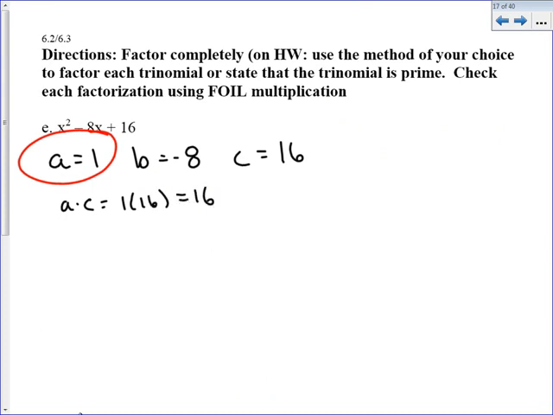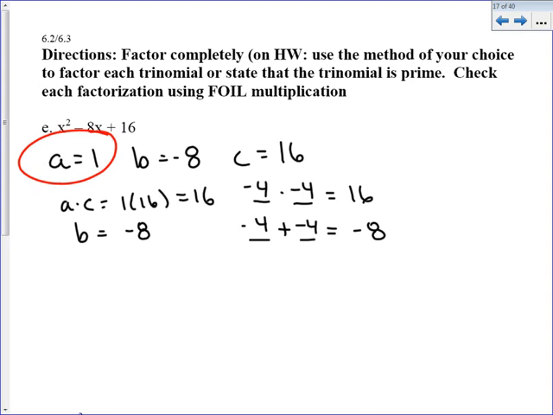B is -8. So we're still doing this the same. I want two numbers that multiply to 16 and add to -8. -4, -4.